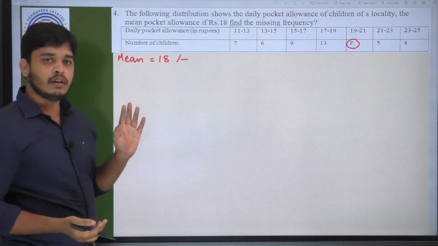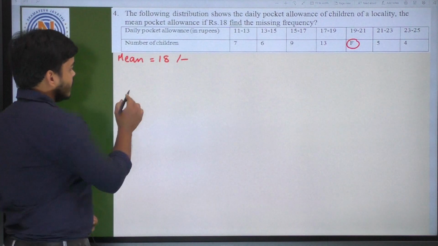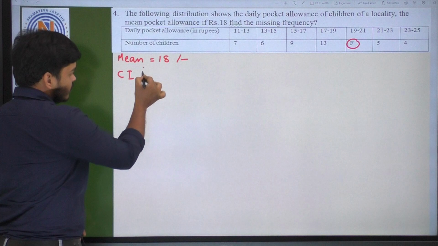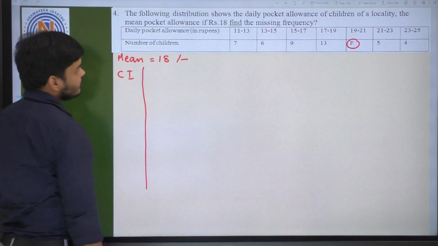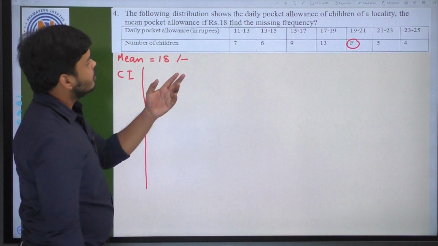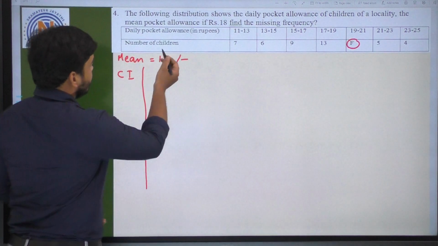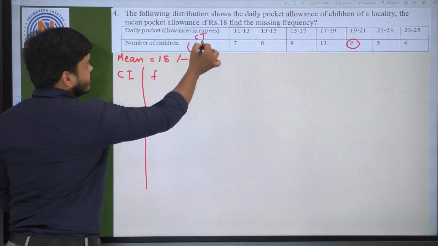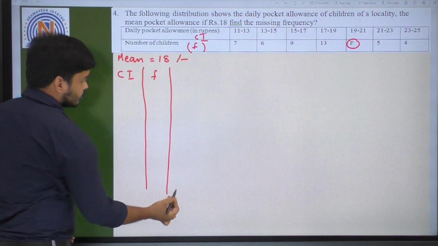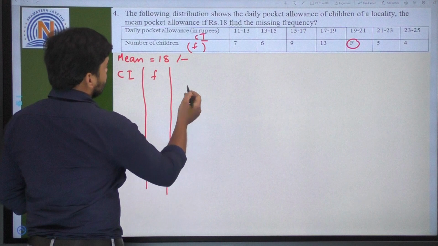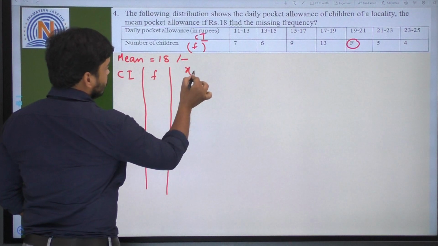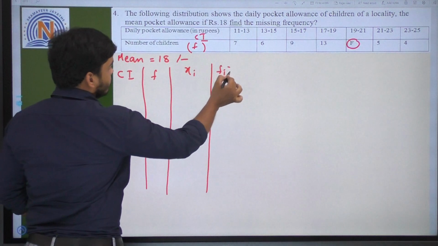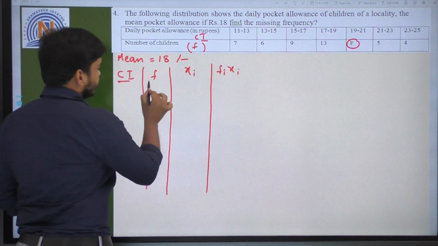Daily pocket allowances are taken as the class interval, and the number of children is taken as the frequency. Then the mid value xi, and then fi into xi.